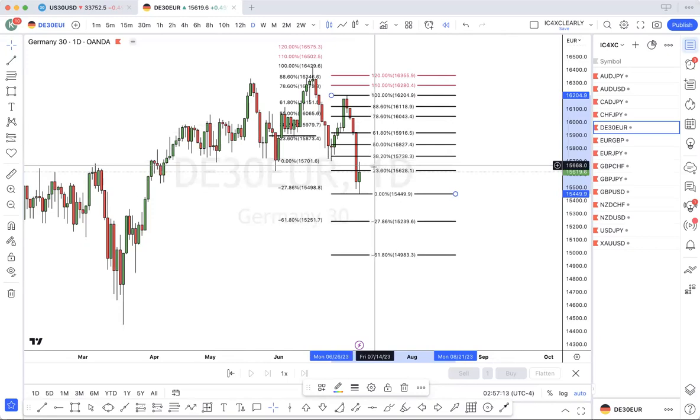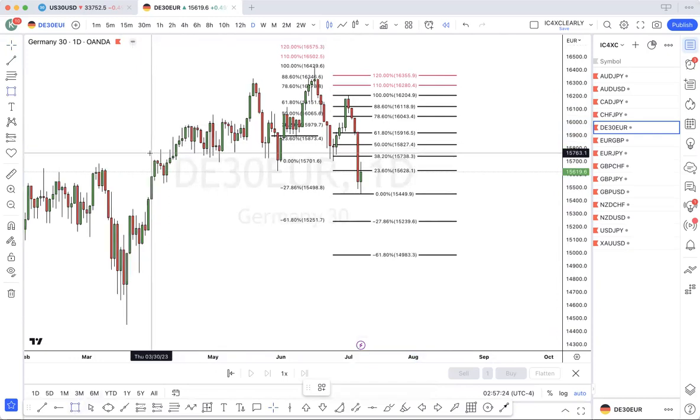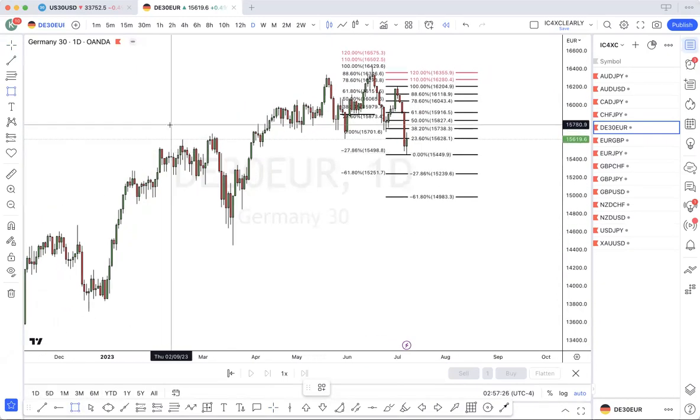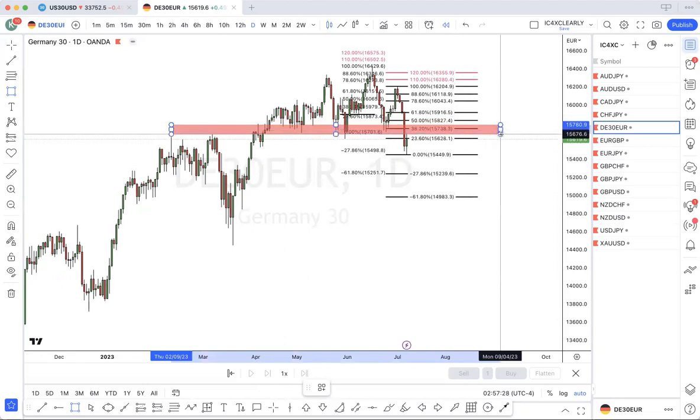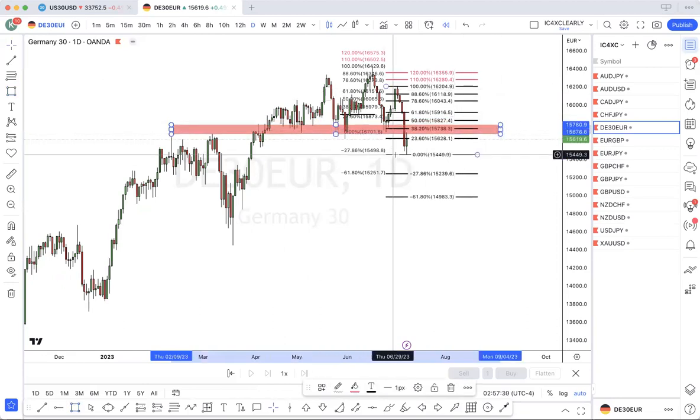So I would definitely set your alerts for these areas, but also this is a key level here. So price just may pull back to this zone and continue selling down.